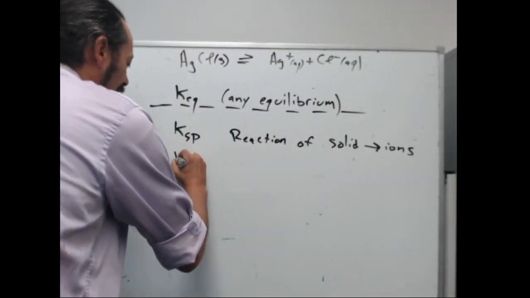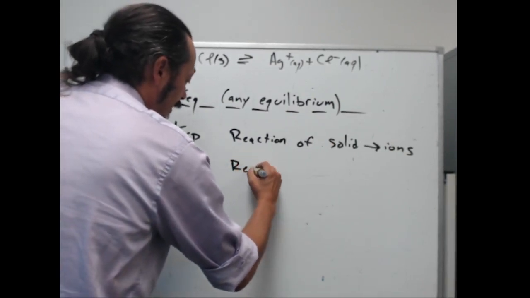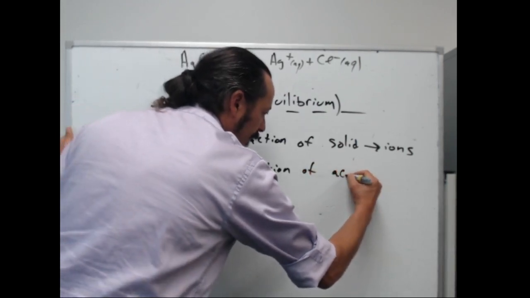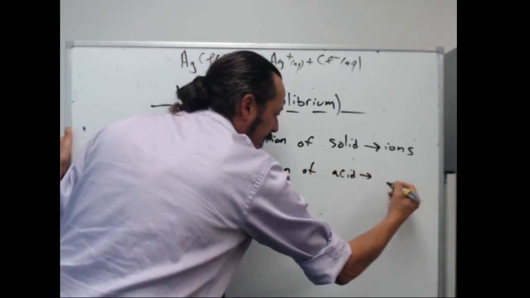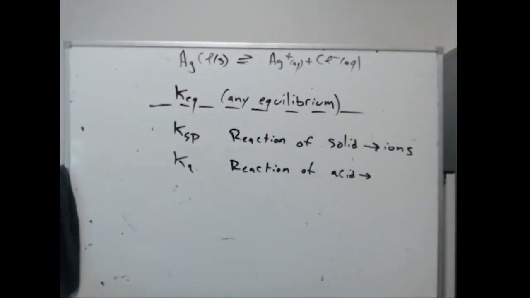Then we can also have the Ka, and this is the reaction of, how do I want to write this down? Hang on a second. I want to be consistent with my other notes.